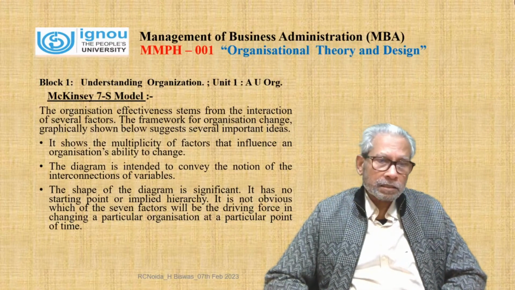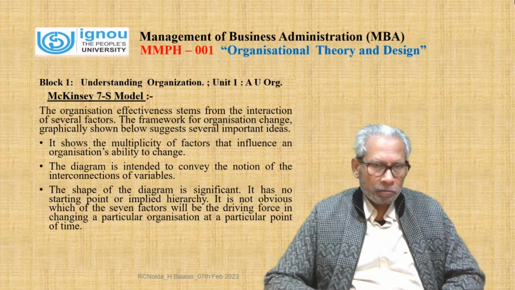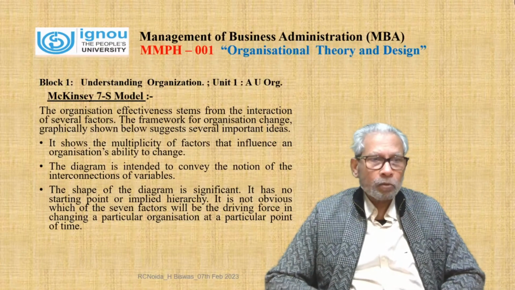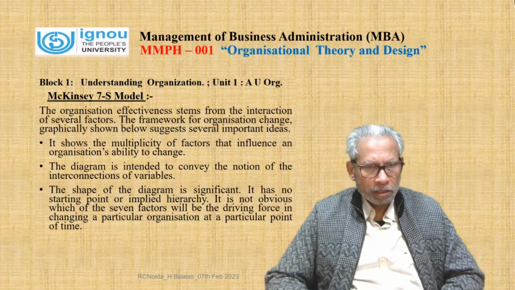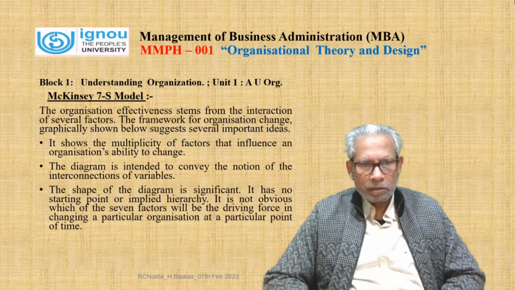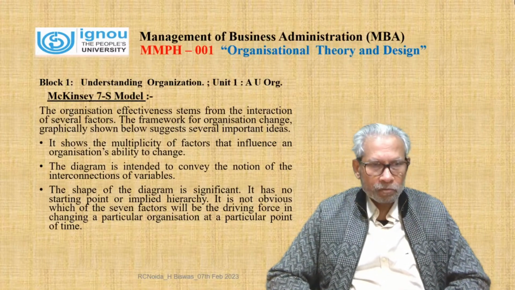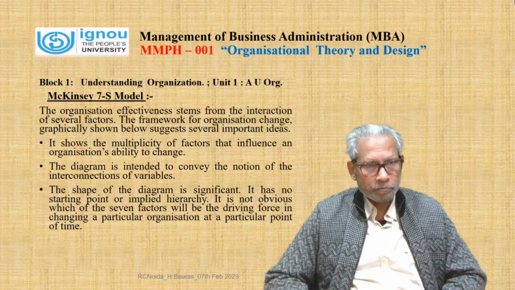Another interesting thing is that the shape of the diagram is significant. It has no starting point. It's connected in such a way that there is no starting point or implied hierarchy. It is not obvious which of the 7 factors will be the driving force in changing a particular organization at a particular point in time.